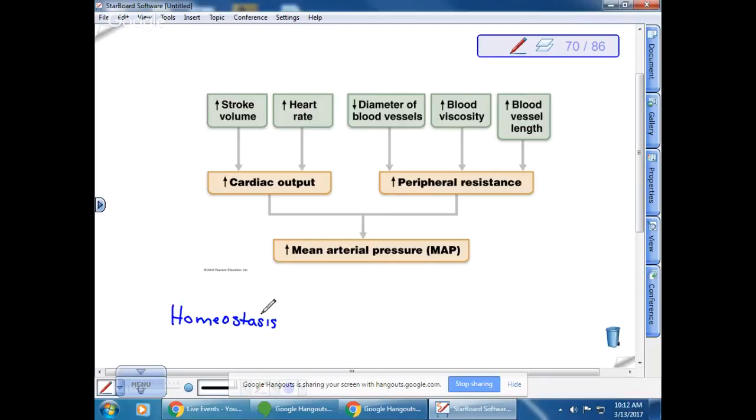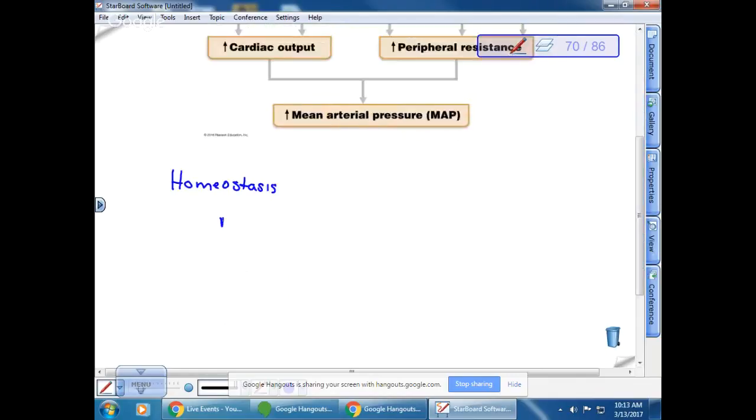But we don't want to stay elevated after you stop exercising, right? So we're going to look at the homeostasis, and we have what is referred to as a neural mechanism. This is as opposed to hormonal, which we're going to talk about in a second, or renal.